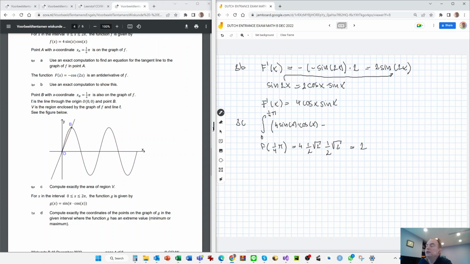Let me see. So what we do here is, wait, this is not the slope of the line, this is the y-coordinate of the line.